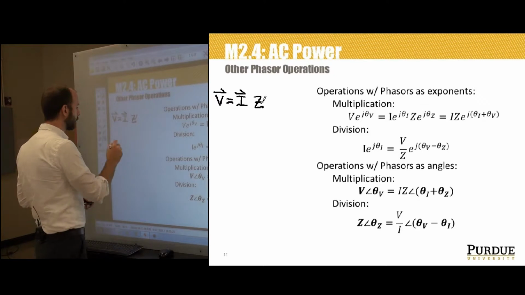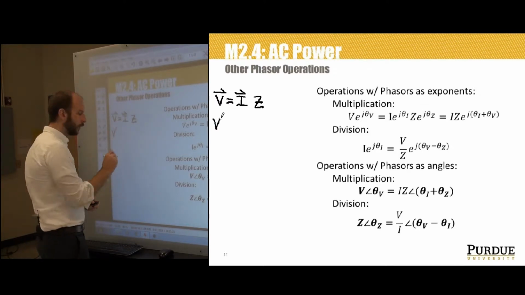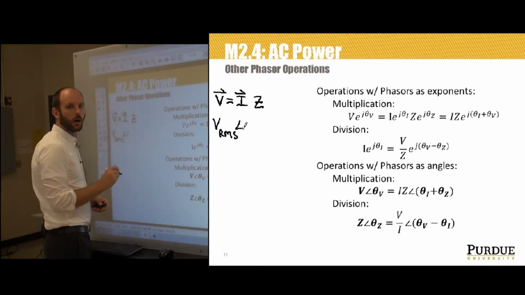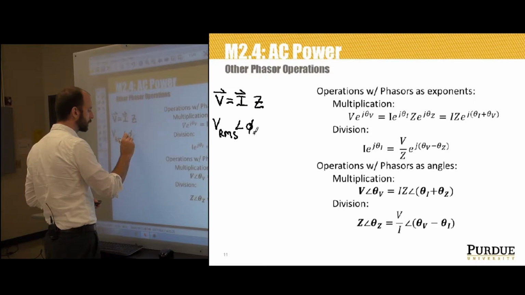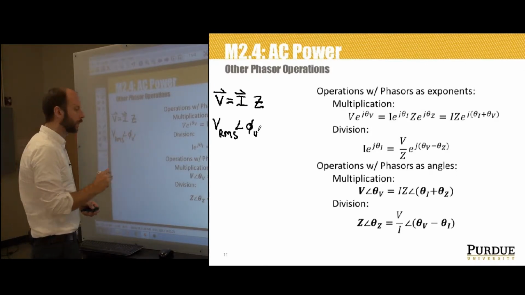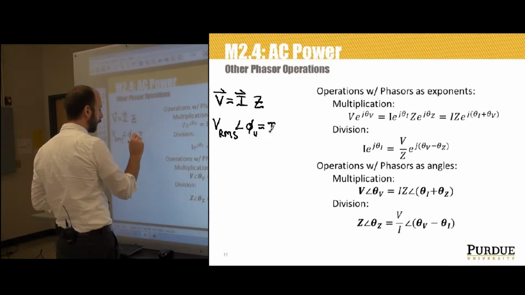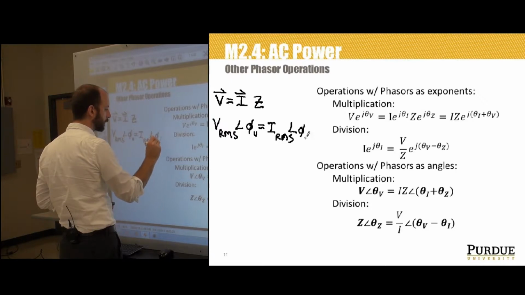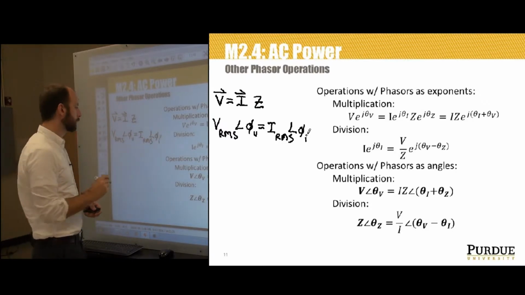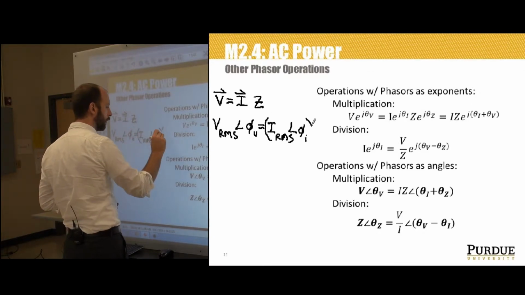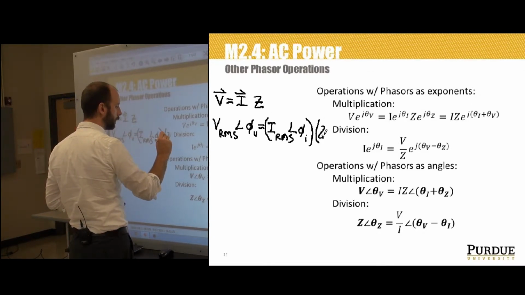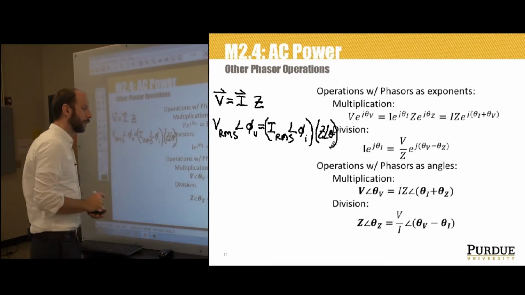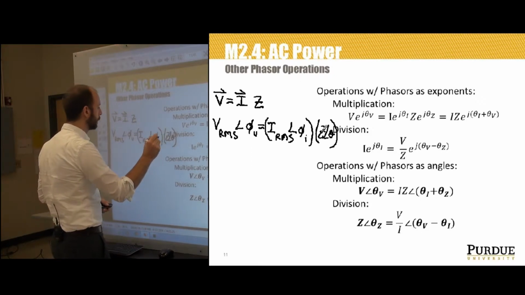So if we were going to write this out, V RMS at an angle of phi sub V is equal to I RMS at an angle of phi sub I times Z at whatever its angle is, theta. This is the Z angle theta, right?